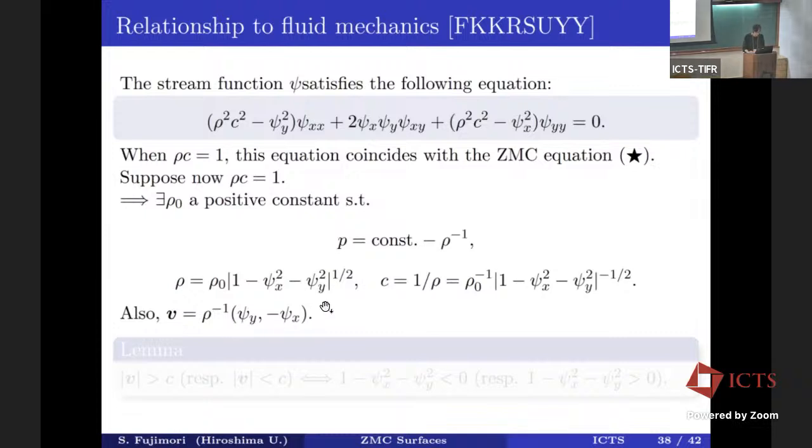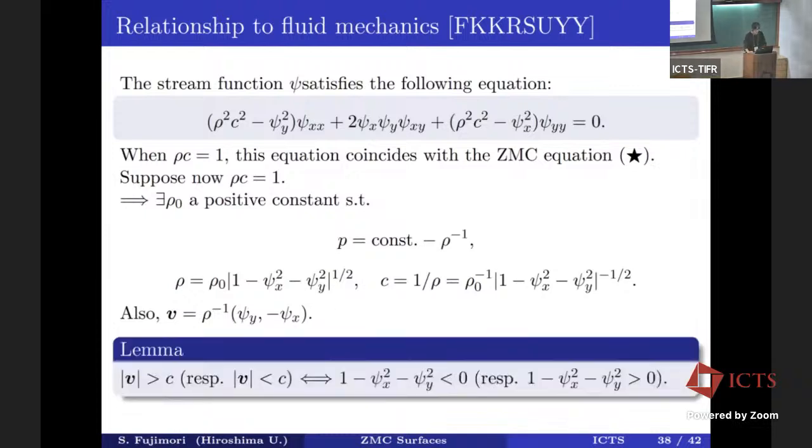Okay. And then we have this lemma. The norm of v is greater than c if and only if this inequality holds. And the norm of v is less than c if and only if this holds.